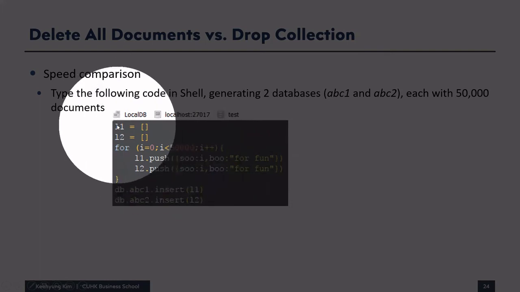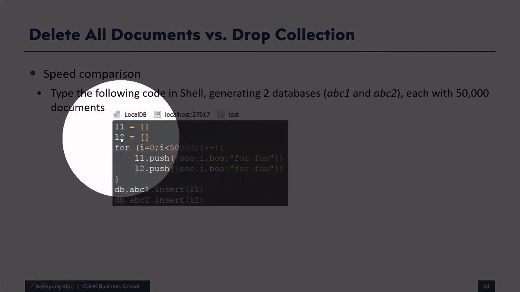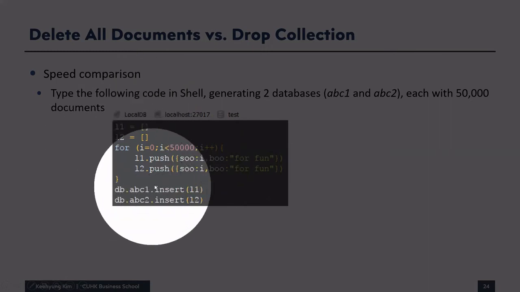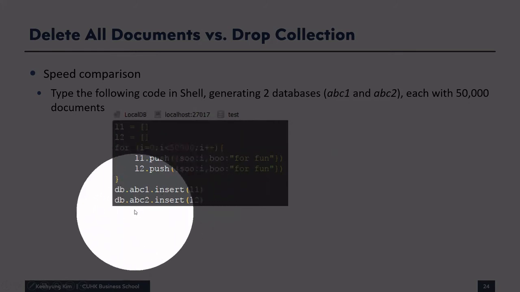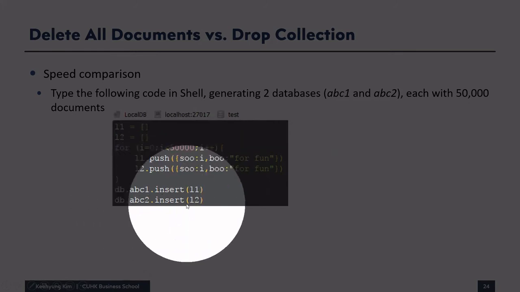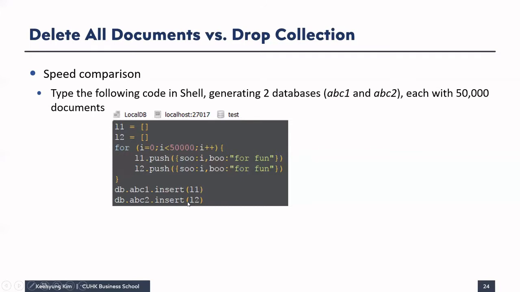So basically L1 and L2 will each be a list of 50,000 identical documents, and I add that into the ABC1 collection using the insert function, and also the ABC2 collection using the insert function. So basically I'm preparing some data for test purposes.